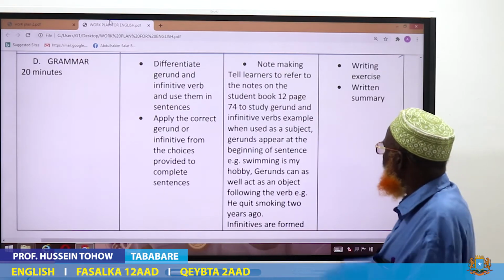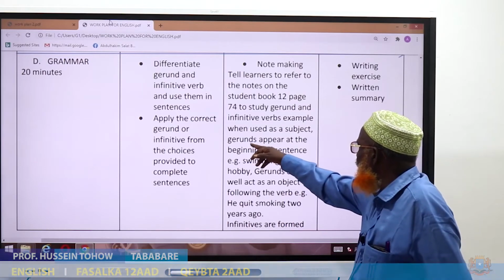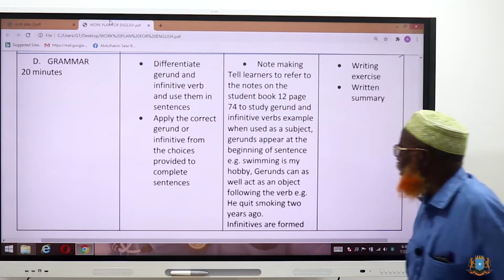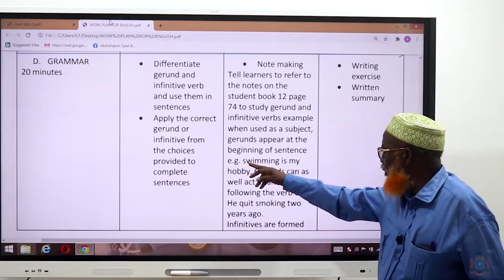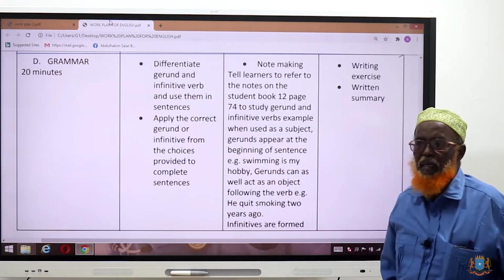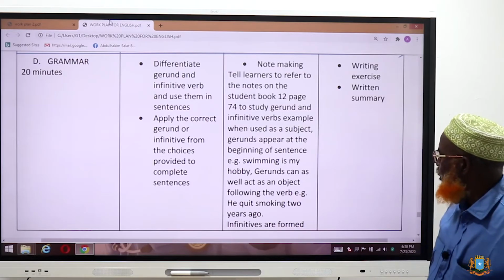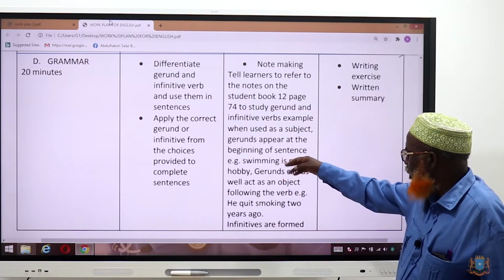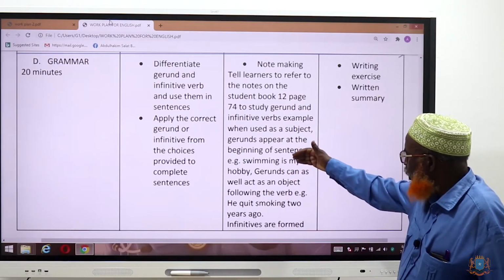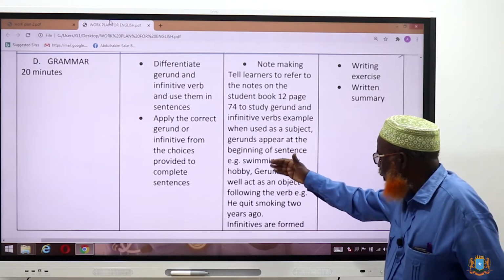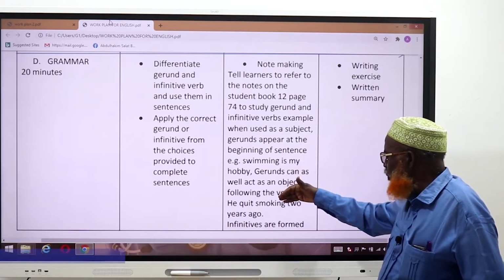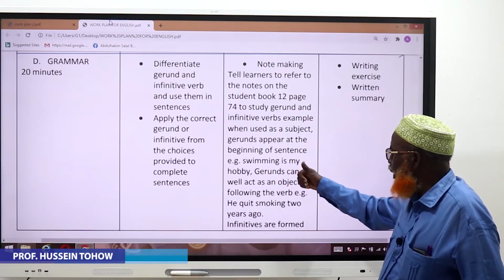When you use a subject, the gerund appears at the beginning of a sentence. For example, we said gerunds are verbs which take ing. So we can use them as a subject, they come in front, or they may come at the end as an object after the verb.